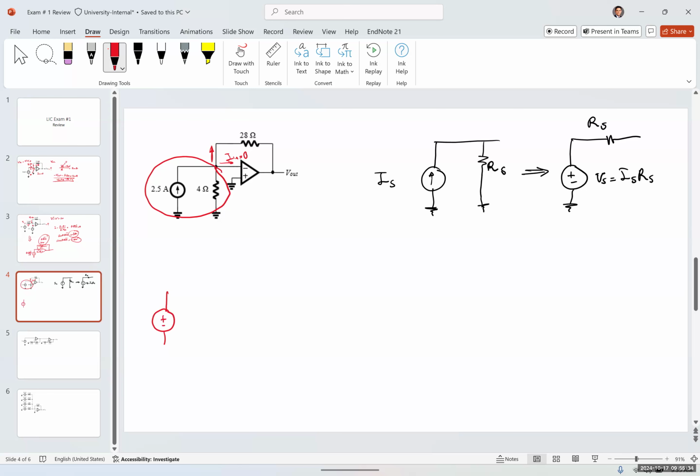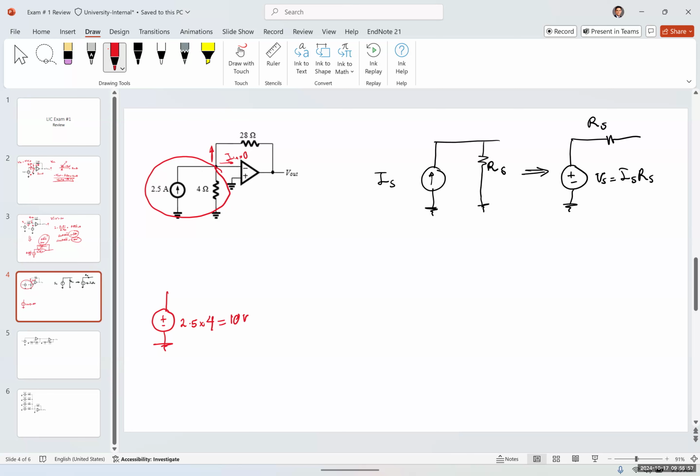So it's going to be 2.5 times 4, which is 10 millivolts. Again, because that's amp, I'm sorry, so 10 volts. Yeah, I changed the numbers a little bit. If the input is in milliamps, this would be in millivolts.